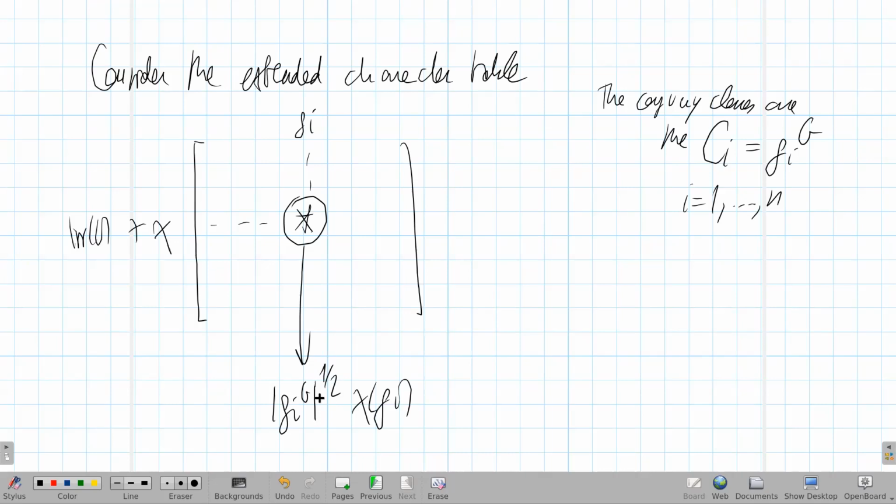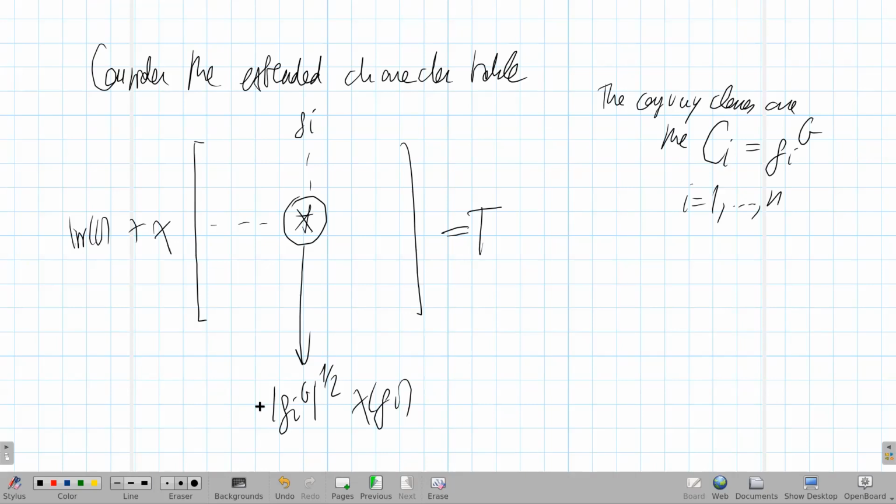Why is this form interesting? Because now, let's call this matrix T. This is a matrix which looks like a character table, except that I have taken the chi_i entry and multiplied it by the square root of the size of the conjugacy class.